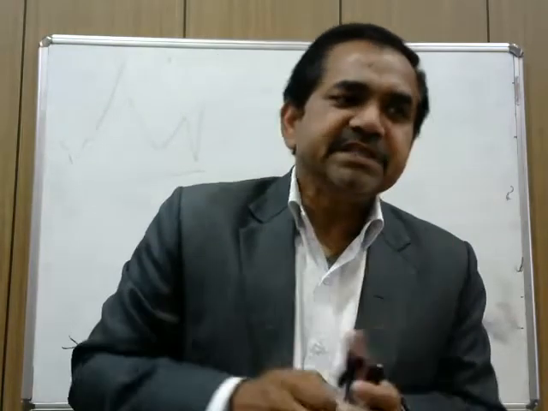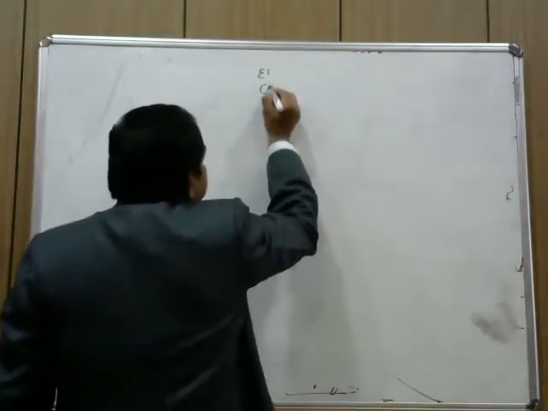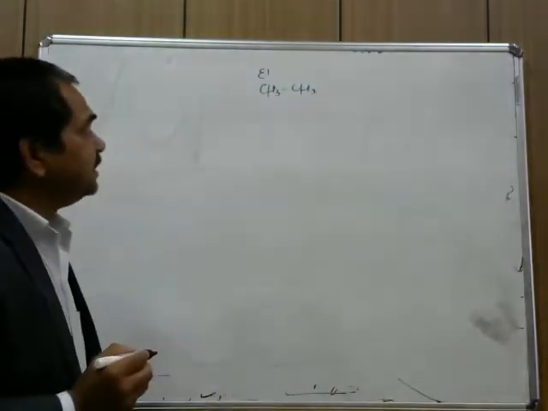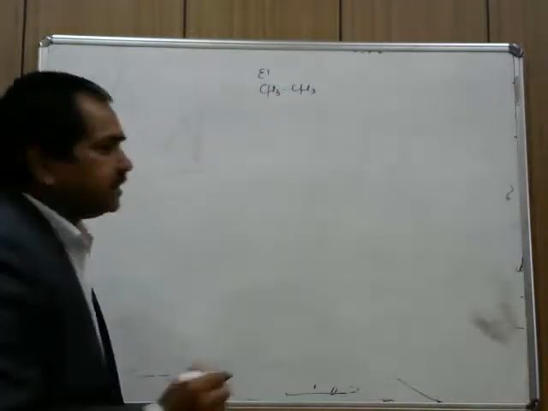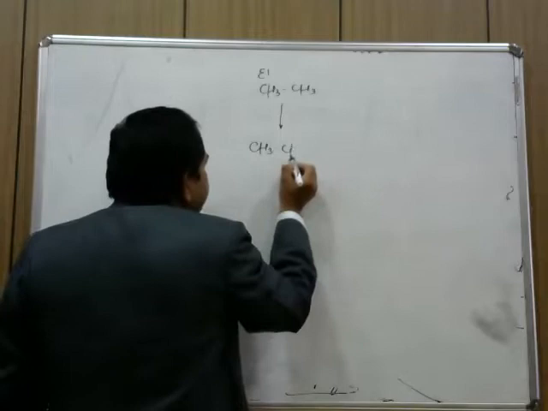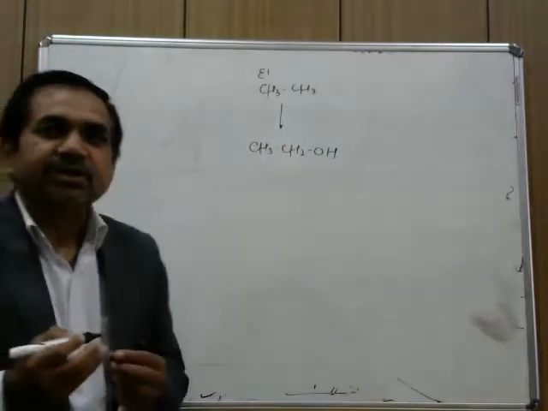Let me take a very simple example. This CH3CH3 is ethane and this CH3CH2OH is ethanol.